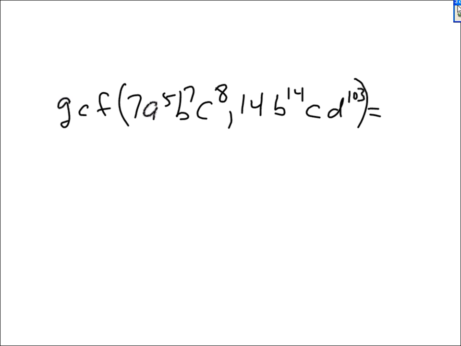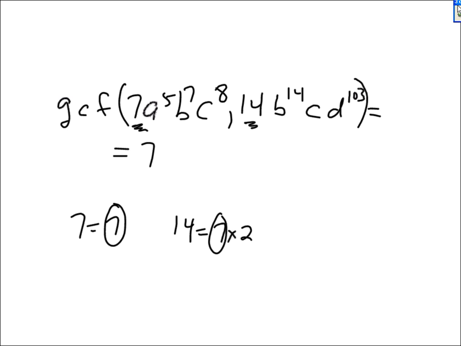You need to do the number separately. GCF are 7 and 14. 7 is just 7, and 14 is 7 times 2. They only have one 7 in common. So let me put the answer here. So we know 7 is going to be part of the answer. And now comes the easy part, the letters.